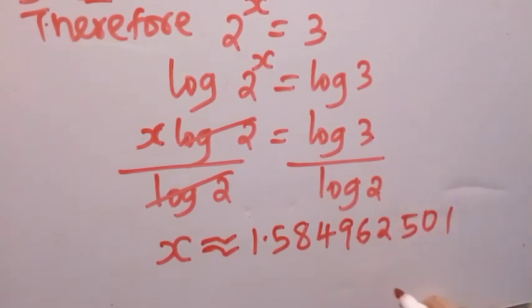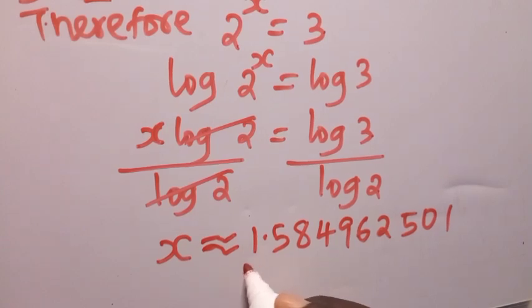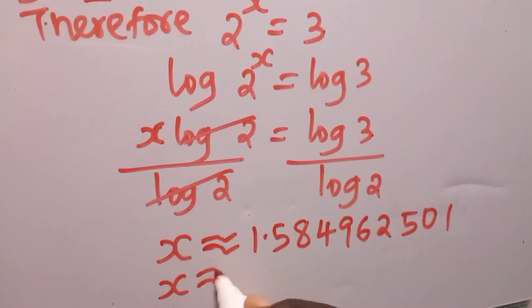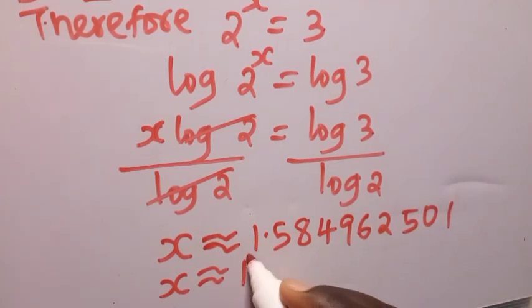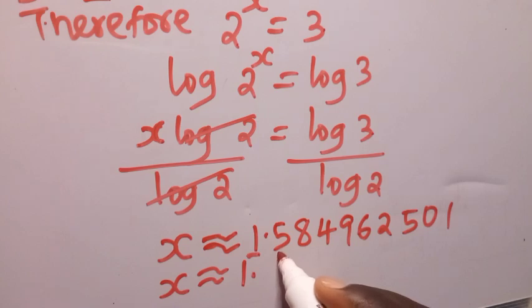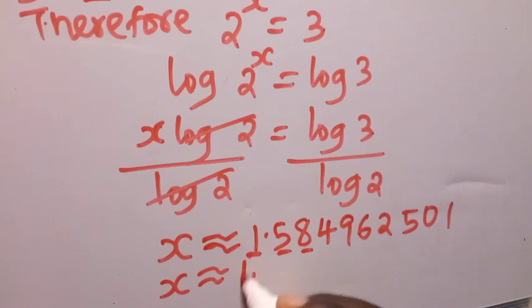1.58496250. But we were told to give the answer to 3 significant figures. So to 3 significant figures, the value of x will now be approximately 1 point. We only count this value, this one and this one, that is 1, 2, 3. And therefore it will be 1.58.